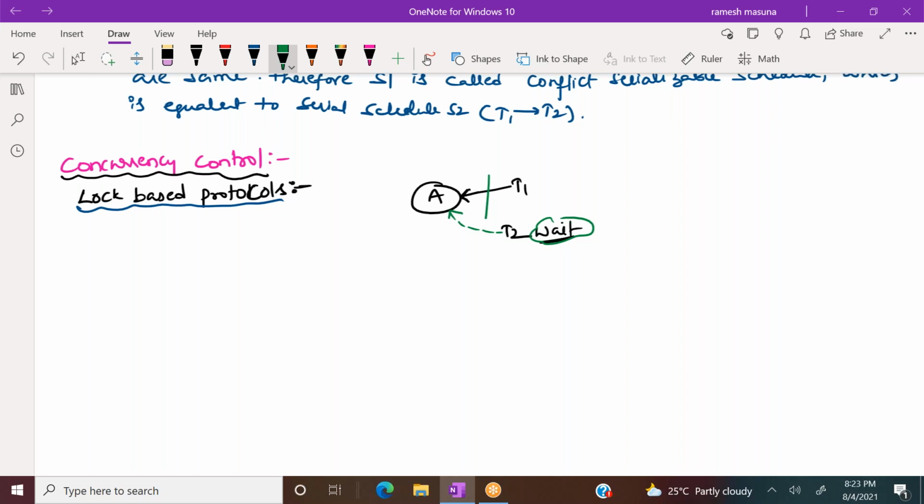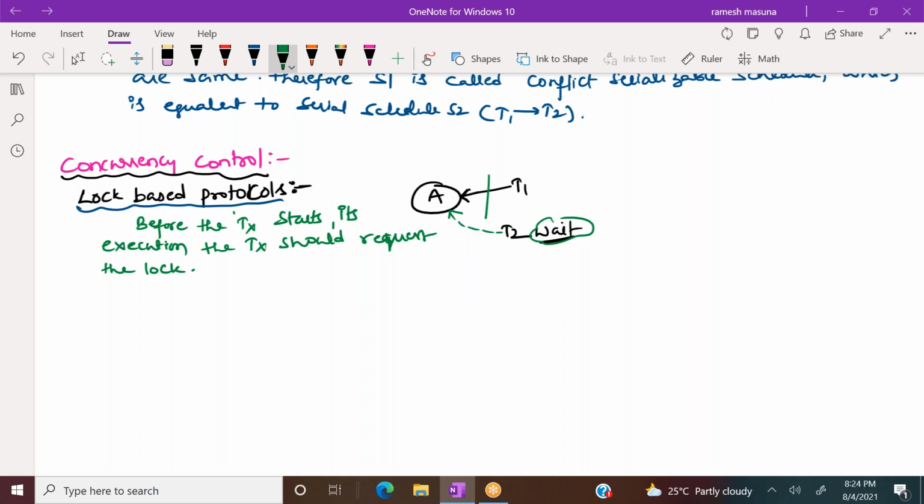So here, what lock-based protocols require, I'm writing some points: before the transaction starts its execution, the transaction should request the lock.